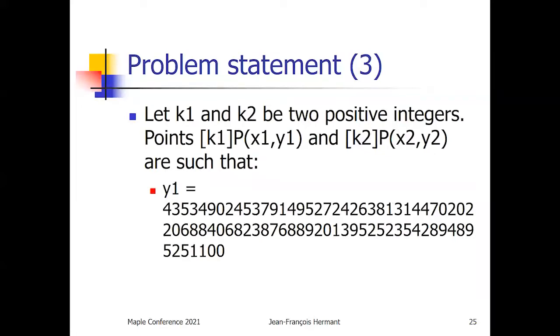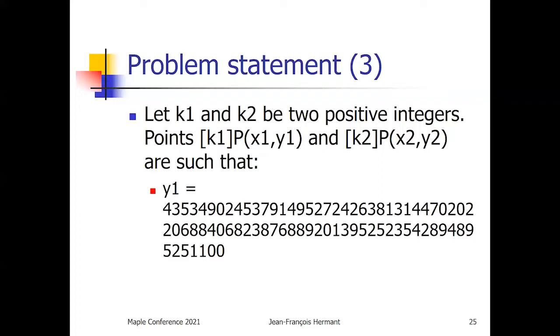And let k1 and k2 be two positive integers. We define point k1P with coordinates x1 and y1, and k2P with coordinates x2 and y2.